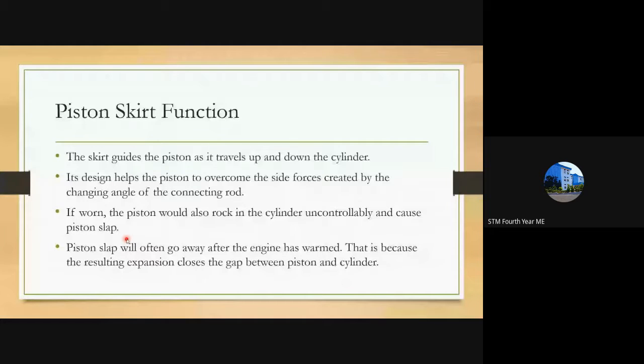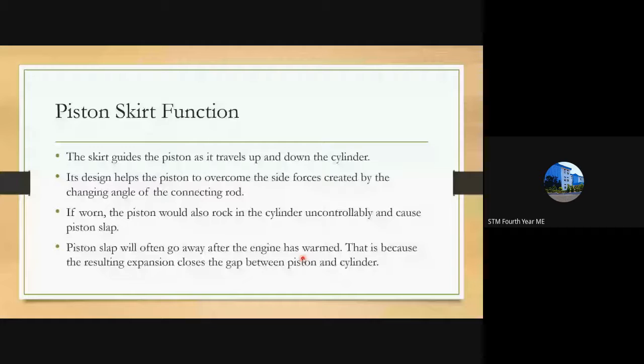In normal operation, piston slap will often go away after the engine has warmed. The operating temperature inside a cylinder is normally 200 degrees Celsius. Once that temperature is reached, the piston is also heated, and due to this heating, a phenomenon called thermal expansion occurs. What is thermal expansion? When an object, most probably a metal, absorbs heat, it expands a little.